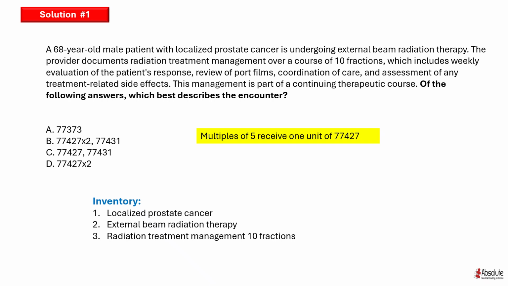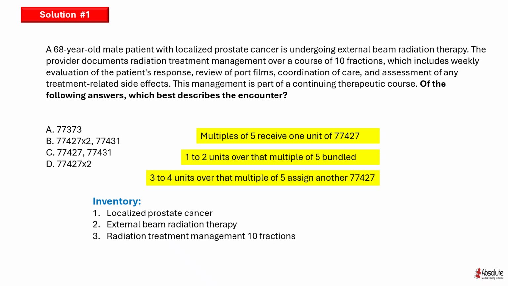So you can kind of deduce what the answer is right there. Also, the nuance is not the multiple of 5, it's in between those multiples. So if there's 1 to 2 units over that multiple of 5, you don't code it. It's bundled in 77427. And if it's 3 to 4 over a multiple of 5, go ahead and assign 77427.